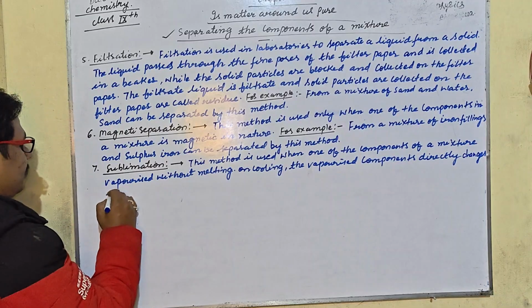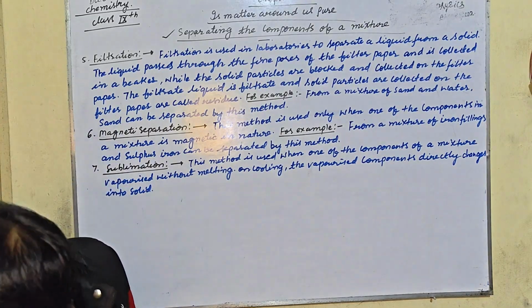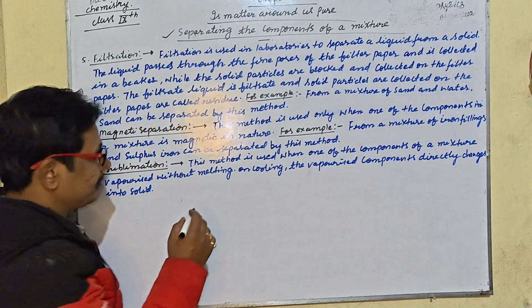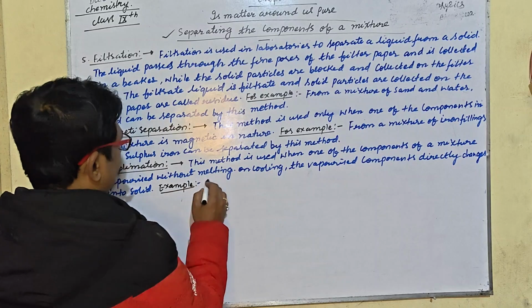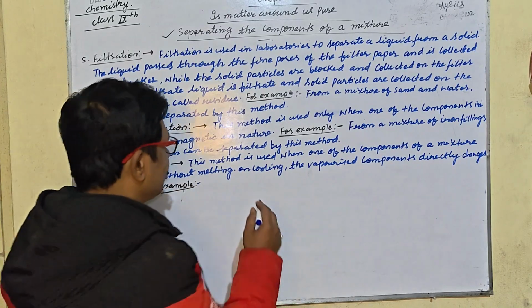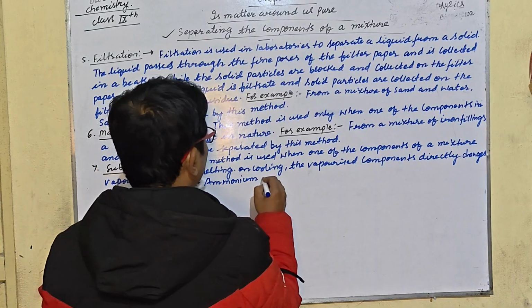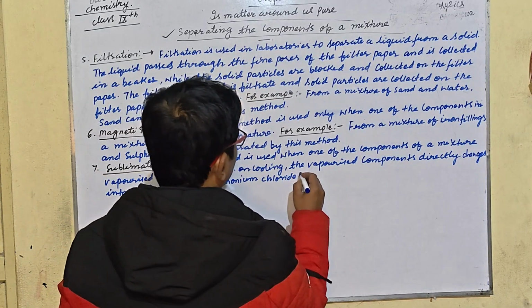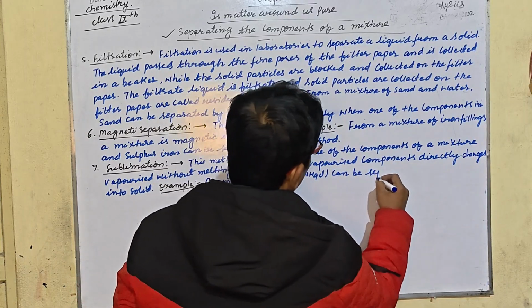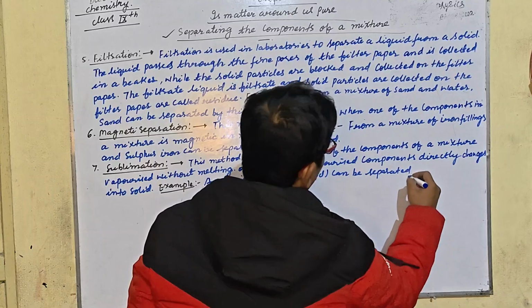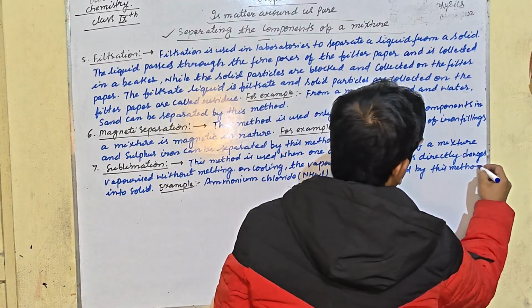For example, ammonium chloride, NH4Cl, can be separated by this method.